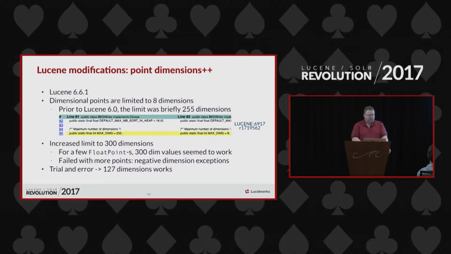So the first thing I tried was just increasing that BKD writer constant max dims to 300, and that sort of seemed to work, just doing nothing else but that. But when I indexed more than a few points, I was getting exceptions about decoding negative dimensions, which seemed bad. So with some trial and error, I found that 127 dimensions without any other changes, except for the next one I'm about to mention, worked.